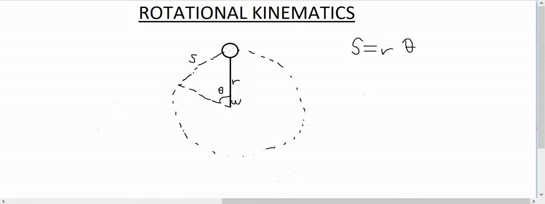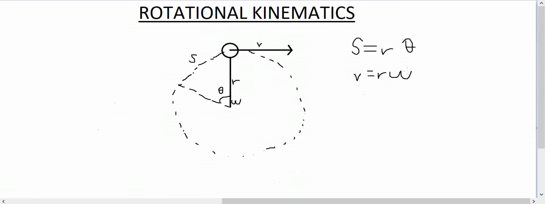It's basically a vector here that is representative of the velocity, represented using small letter v, like normal velocity, and v equals r omega.